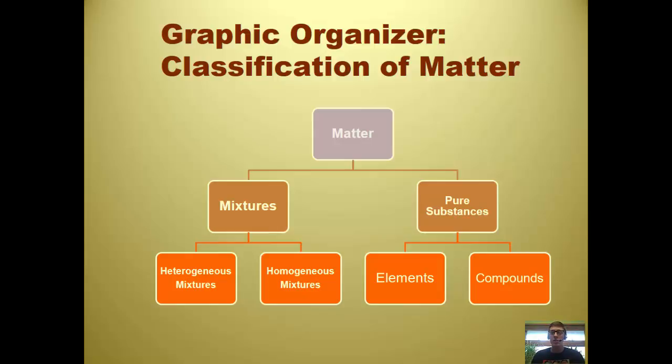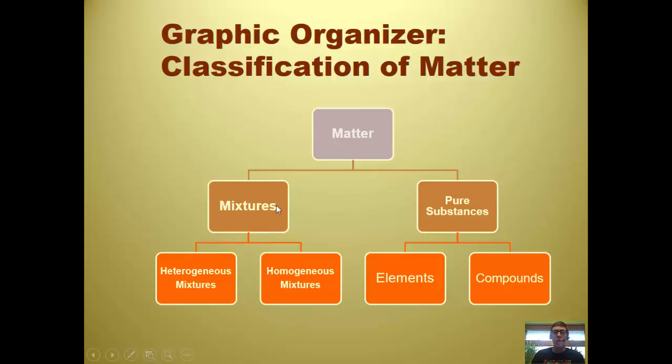Pure substances can either be elements or they can be compounds. Remember, elements are all pure, one type of atom. Compounds are multiple types of atoms chemically bonded together. Remember, another name for homogeneous mixtures is a solution, and solid homogeneous mixtures are alloys.